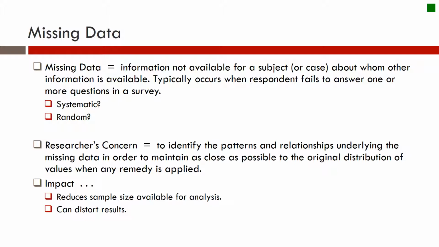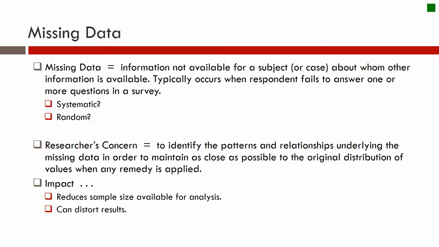So that's what we want to be concerned about, and we sometimes think about this as being systematic or random. And if the missing data in your data set appears in a routine or patterned way, it may be systematic, and we want to deal with that.